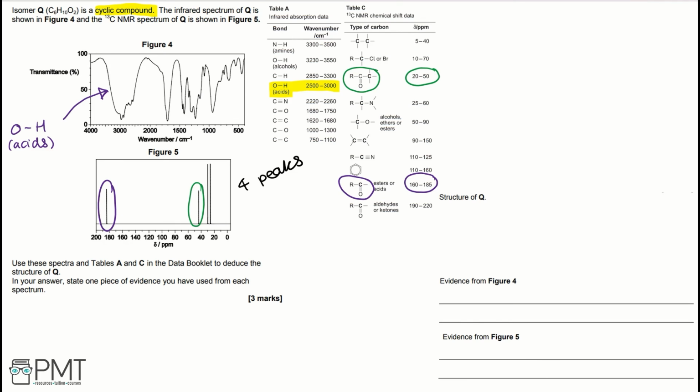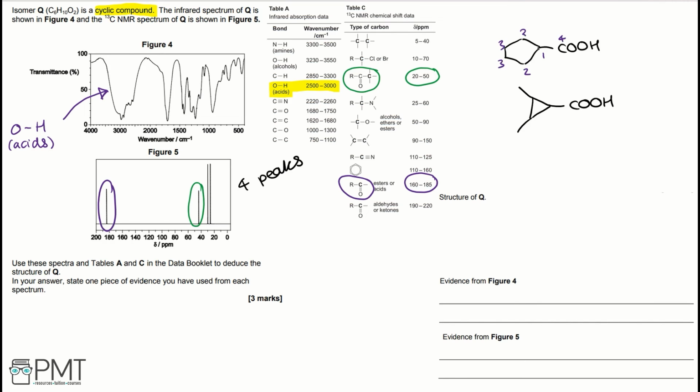So there are 2 different options for structure Q. You can either have a 5-membered ring, and then you have your carboxylic acid group at the top, or you can have a 3-membered ring with 2 methyl groups and your carboxylic acid group at the top. So both of those will have 4 carbon environments. If we number them, we've got 1, 2, 3, 4.